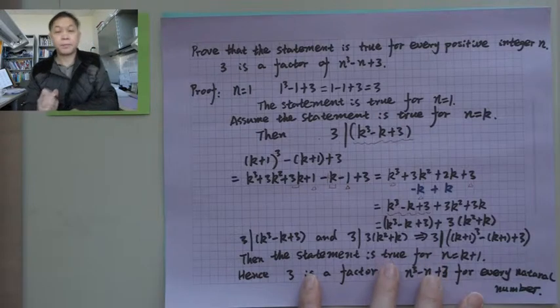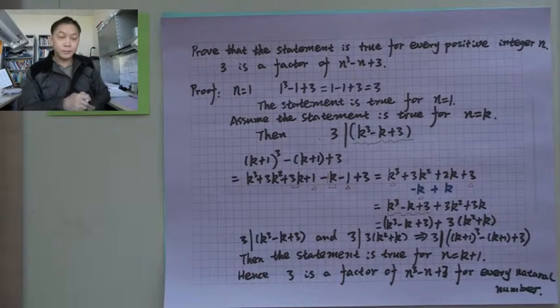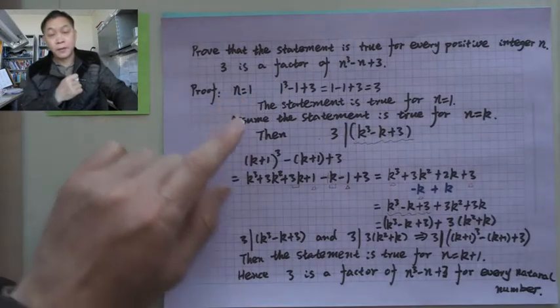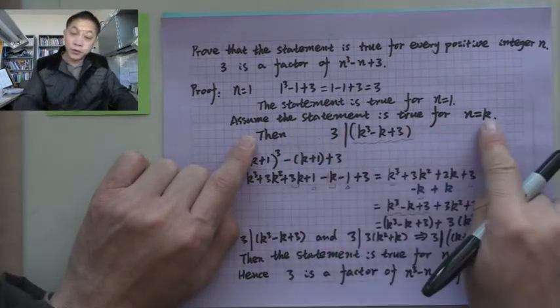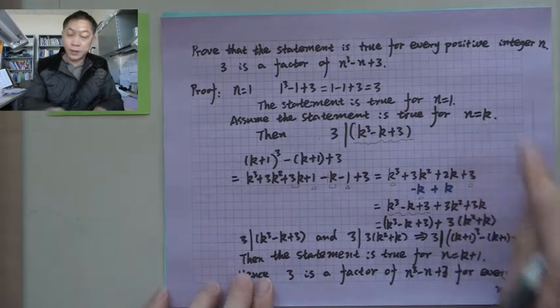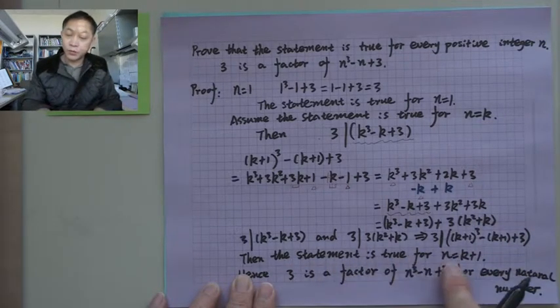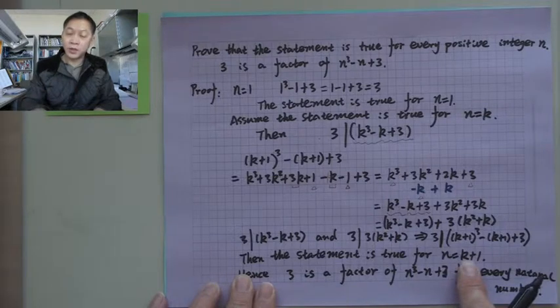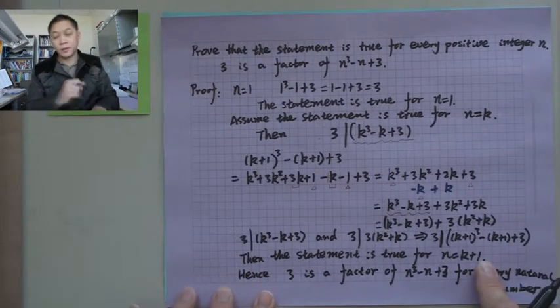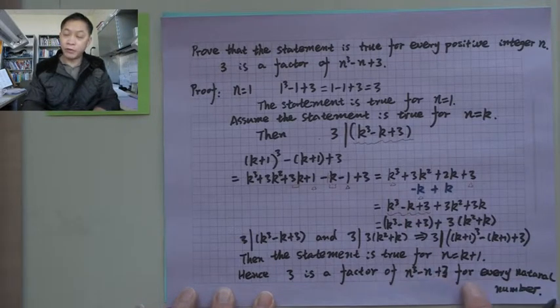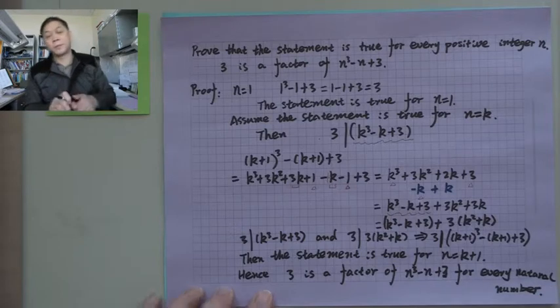So start with n equals 1 and assume it is true for k. Then up to here you have proved the statement is true for n equals k plus 1. Then you can conclude 3 is a factor of this for every natural number.